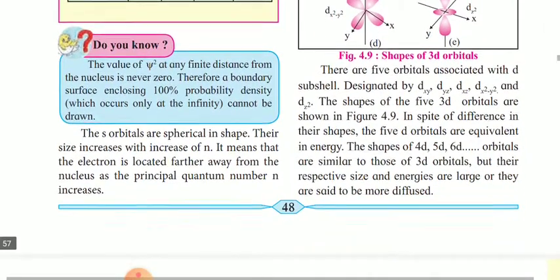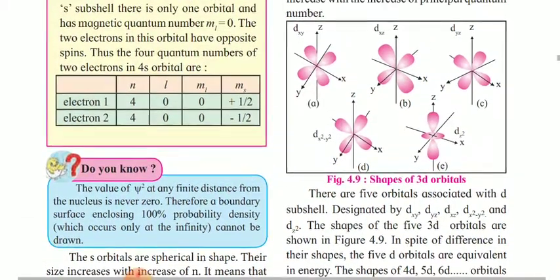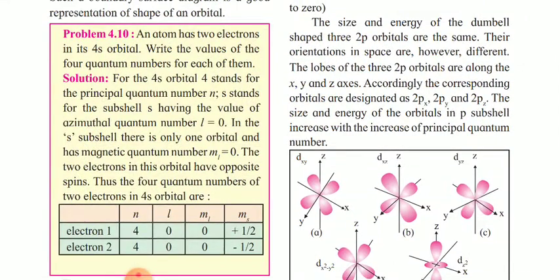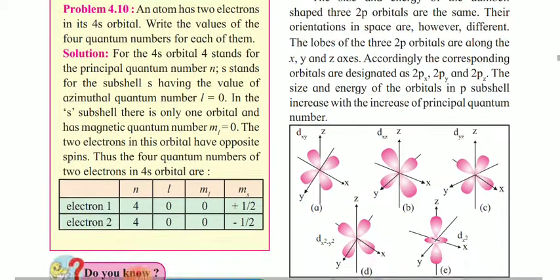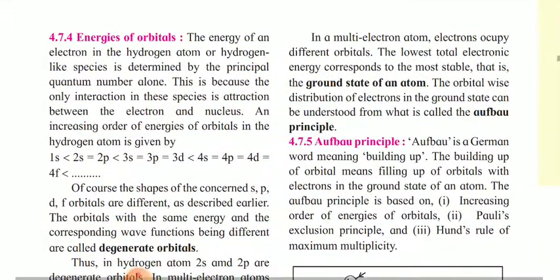So this is all about what we have seen for electrons. If the 3 quantum numbers, the identity of any electron, are the same, then the 4th quantum number will be different. Such questions may be asked in your exam.